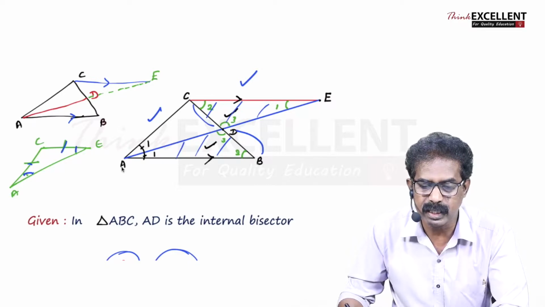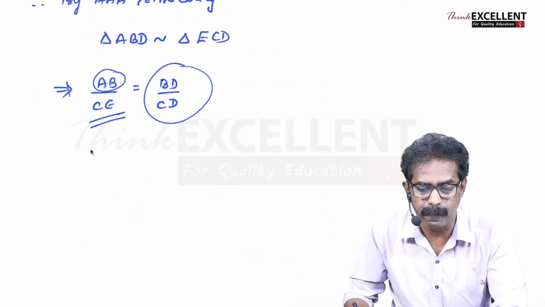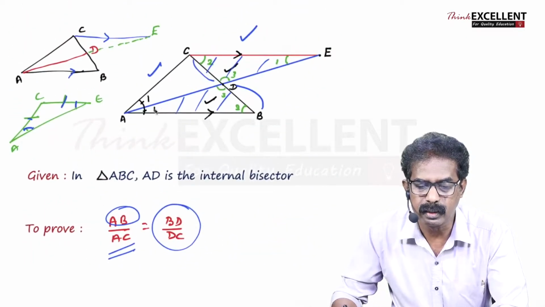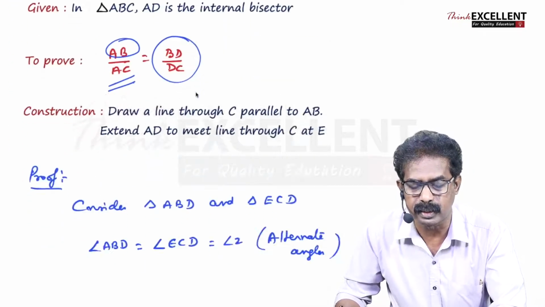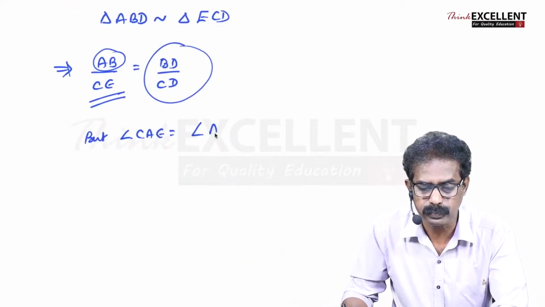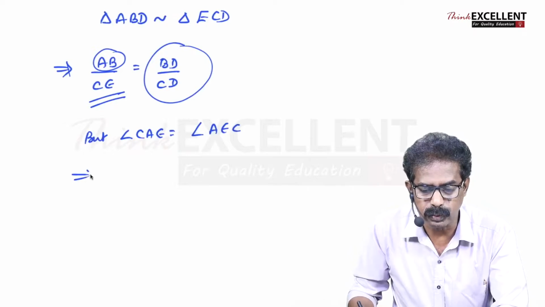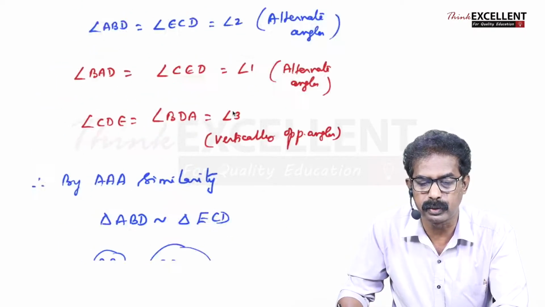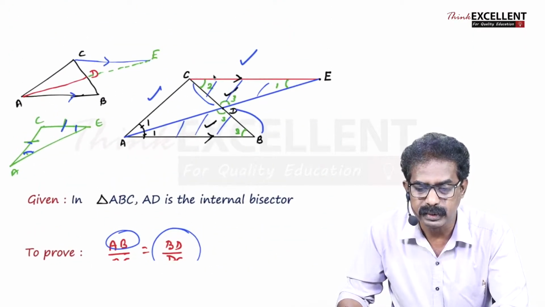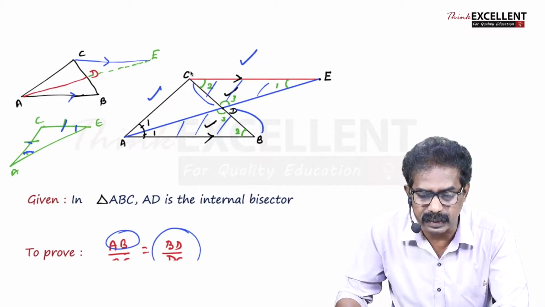Angle CAE is equal to angle AEC. So the two angles are equal, so you can say the two sides are also equal. So CE is the same as AC.